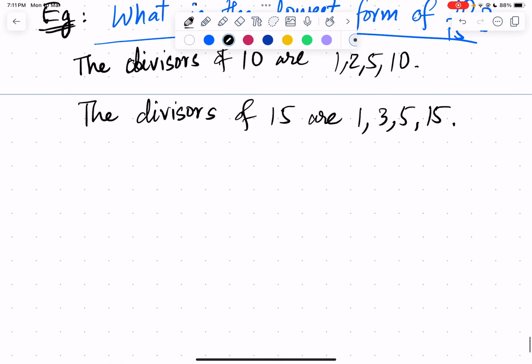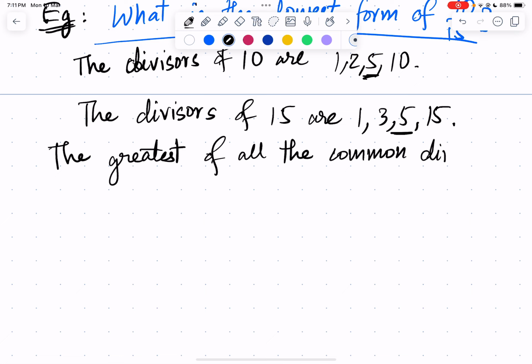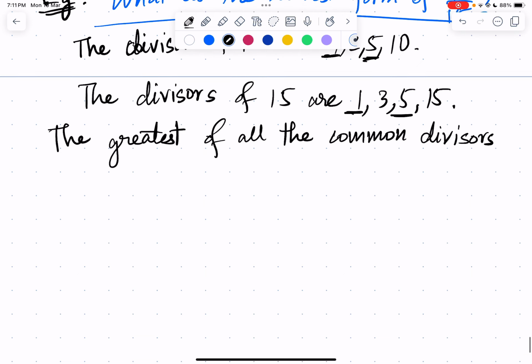So here the common divisors are 1 and 5, right? The greatest of all the common divisors of 10 and 15 is 5.